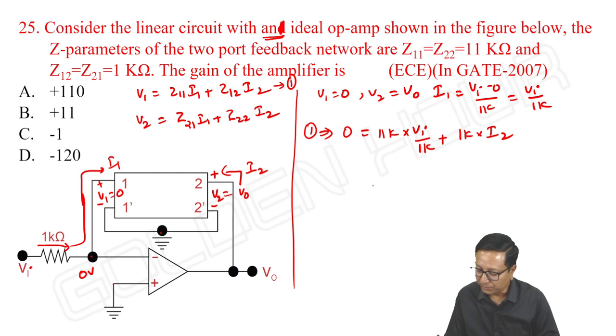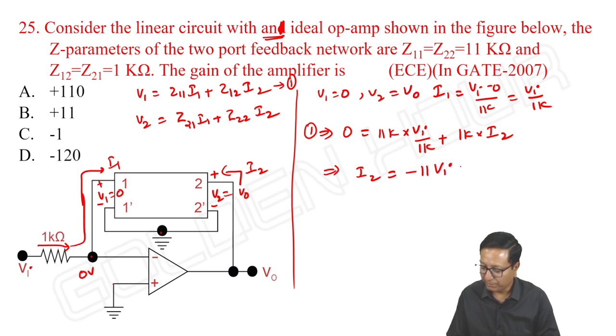From this I can write I2 is equal to minus 11 VI milliamperes, because here kilo and kilo get cancelled. Okay, done.